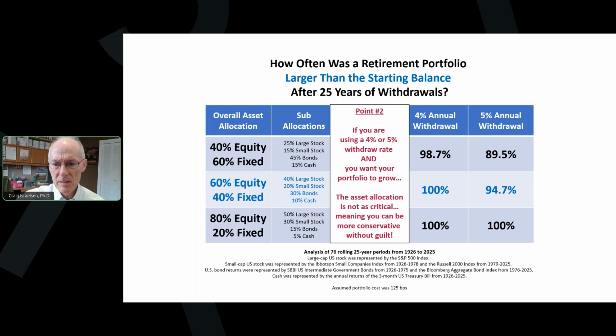Because look at your success rates. They're very similar, whether you have a 40-60, a 60-40, or an 80-20. You can be conservative if you want to dial it down more to a 40-60. That works. You have very high success rates.